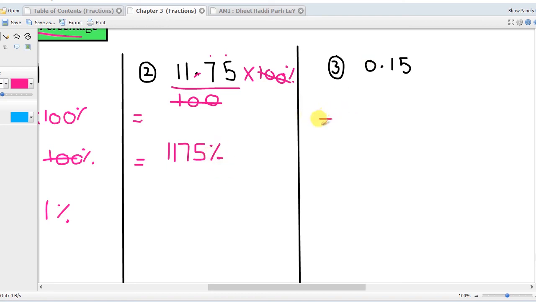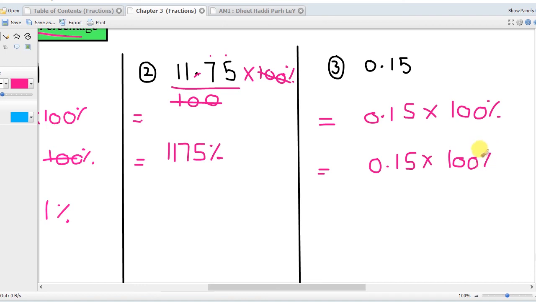Okay, third question. This is 0.15. We have to convert it into the percentage. For that, I'm going to multiply it by 100%. Now convert this decimal value into the fraction, or remove this decimal point.